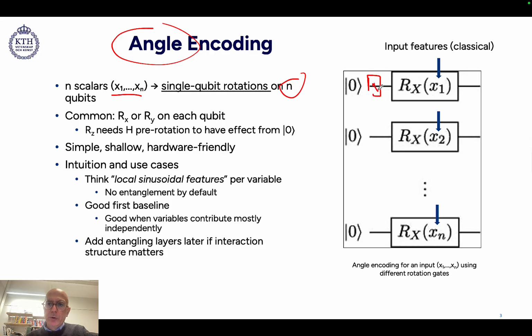So the way to do that, we initialize each qubit in 0, and then we take the feature 1 value and we include it as a parameter of the first rotation on the first qubit, and then we take the second value of our input feature data, and we put it as a parameter of the second rotation on the second qubit.